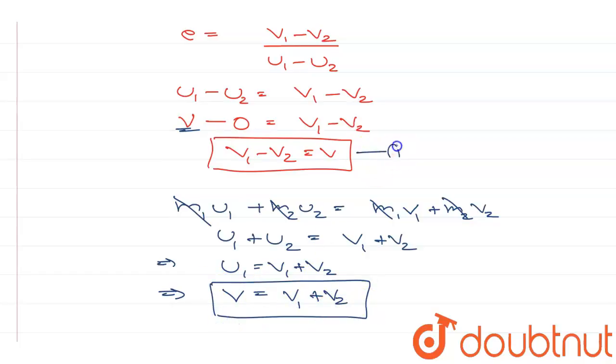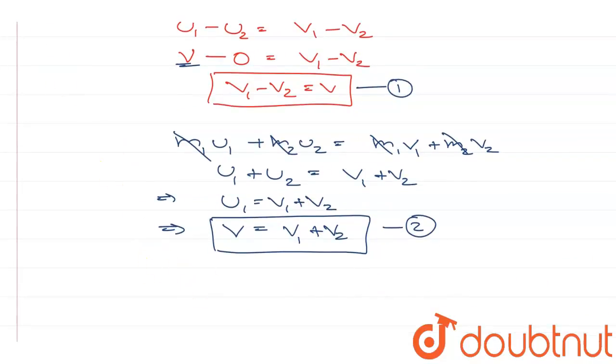So if this was equation number 1 and this is equation number 2, we can easily find out that either v1 is equal to v or v2 is equal to v.